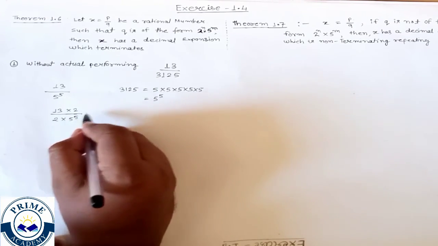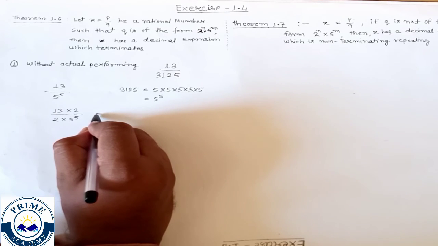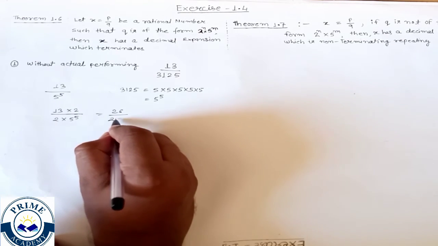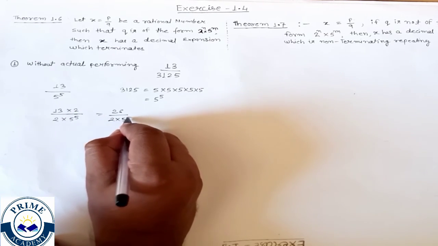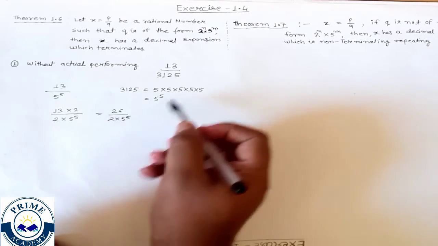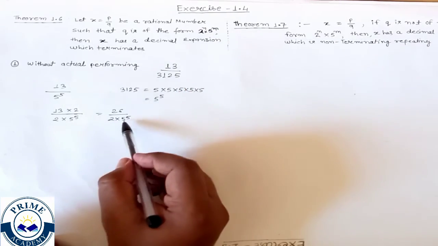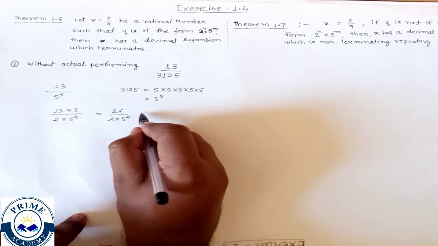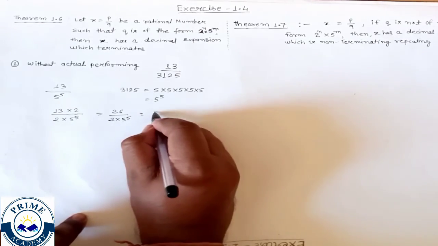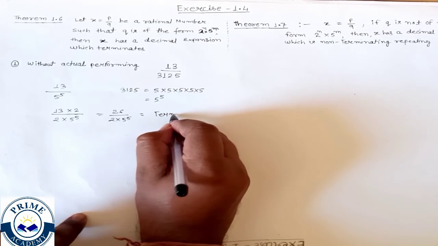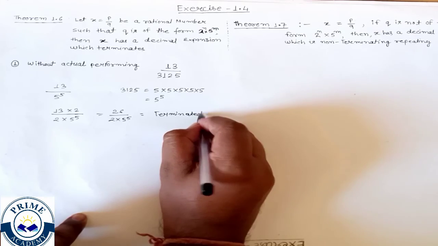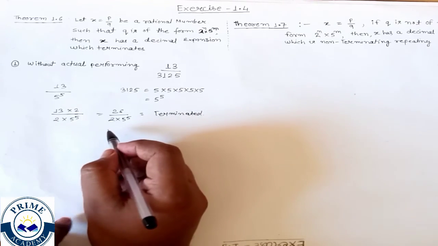So this is in the form of 26 upon 2 into 5 to the power 5. So your q becomes of this form, 2 into 5 to the power 5. So this is terminated. So easily you can calculate.